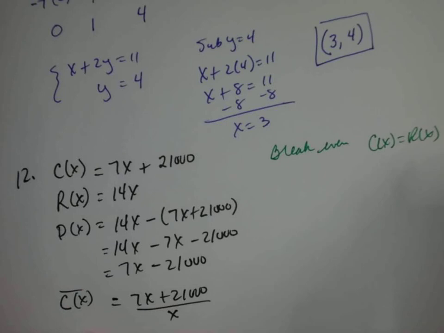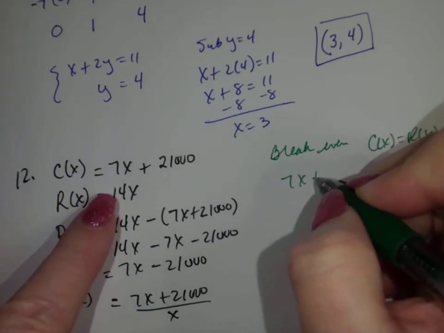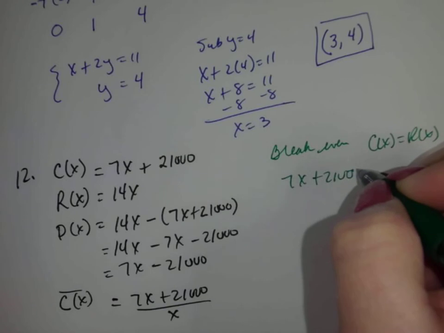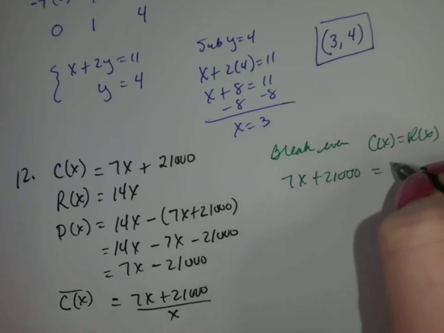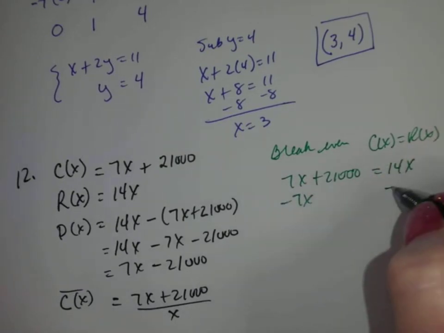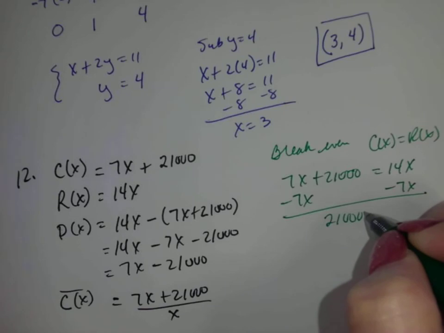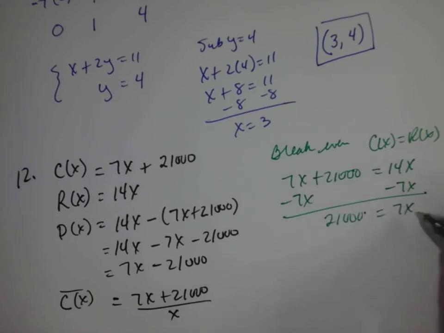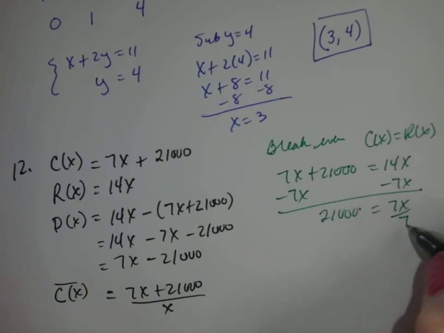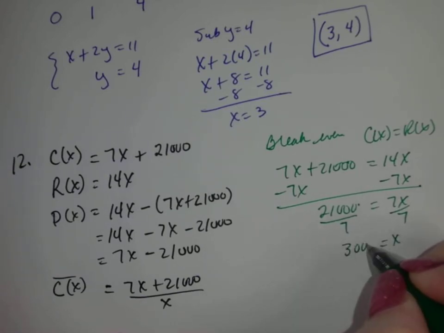All right, so for that break even, our cost function is 7x plus 21,000, and it's equal to our 14x, which is our revenue function. So I'm going to put all the x's on one side, and we'll have 21,000 is equal to 7x, divide by 7, and we get x is equal to 3,000.